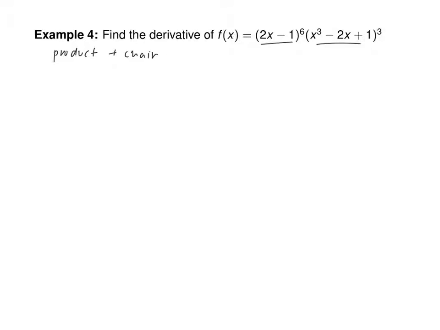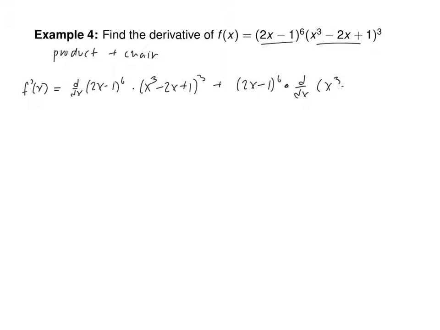Yeah, pretty hilarious. Okay, so f prime of x is the derivative of 2x minus 1 to the sixth times x cubed minus 2x plus 1 to the third, plus 2x minus 1 to the sixth times the derivative of x cubed minus 2x plus 1 cubed.